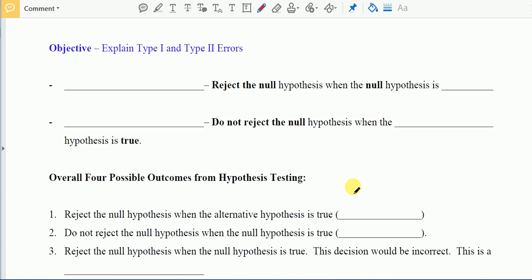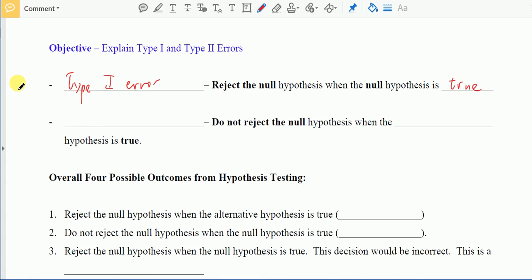There are two types of errors you may make while doing hypothesis testing. The first type of error we call a type 1 error. A type 1 error is that we reject the null hypothesis when it is true. The null hypothesis is the one that is given from the problem, from the population, from the data, and we reject it when it is actually true.